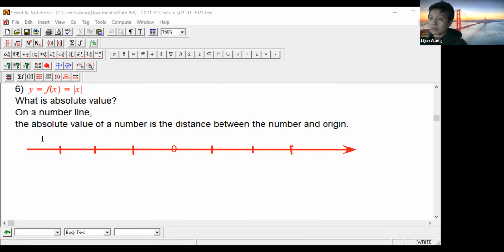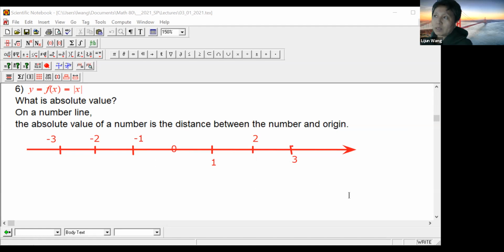So here's -3, and here's -2, and here's -1, and over here it's 1, 2, 3. Right here, 3.